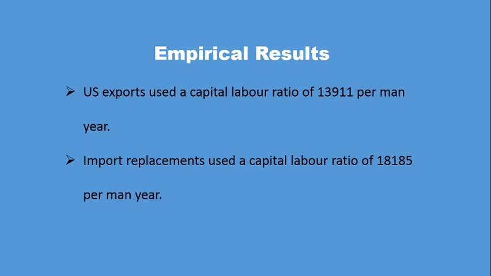Thus, the result shows that the capital labor ratio in US import replacement industries was 30% higher than in the US export industries. It means that US import competing industries are relatively more capital intensive than the export industries.